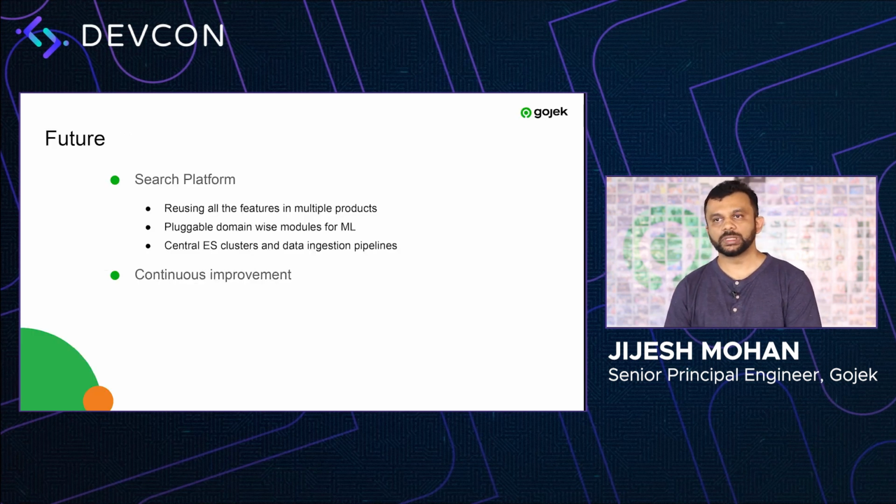So what is the future of this search team? Obviously, we have to continuously improve features in terms of user experience and also in terms of scale. Also, we have found that the features we have developed can be reused across other products in Gojek.